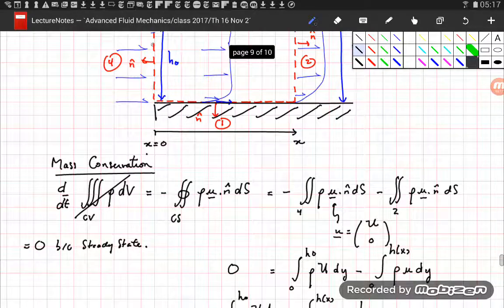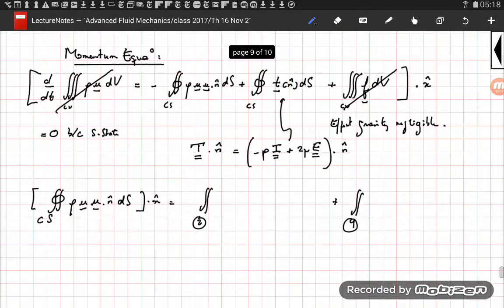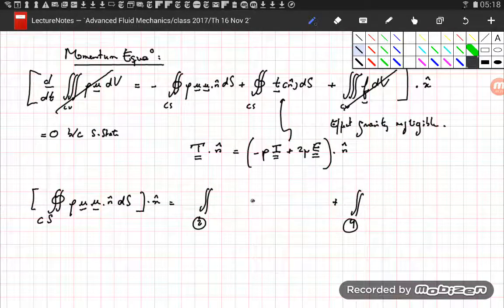through this surface here, u dot n is negative capital U. So this u dot n is negative capital U. Right, this is here u dot n.